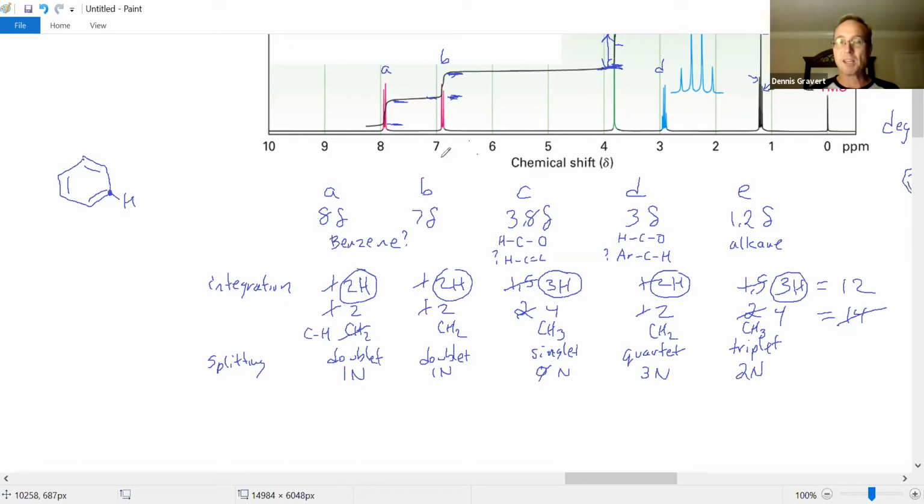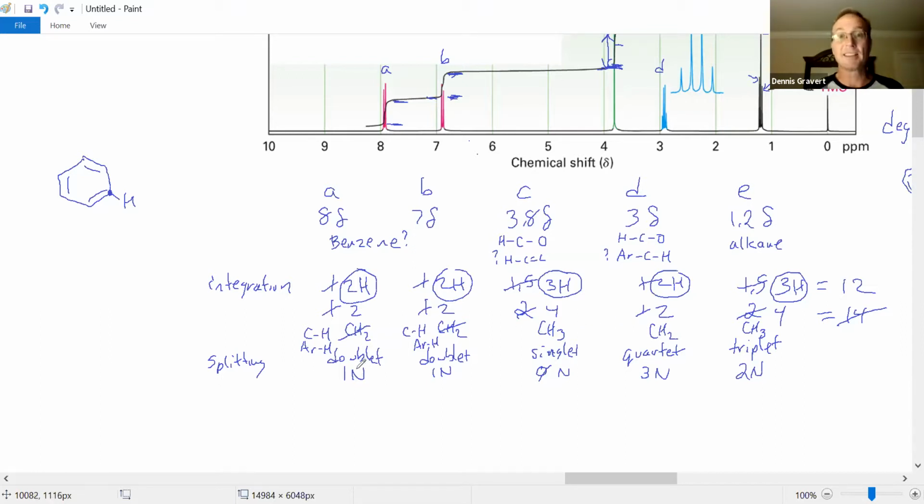Same is true for peak B. Peak B is another hydrogen on benzene. Maybe we should write ArH. From the correlation table, an arene, benzene, an aryl hydrogen. Okay, I think we've expended the integration for now.